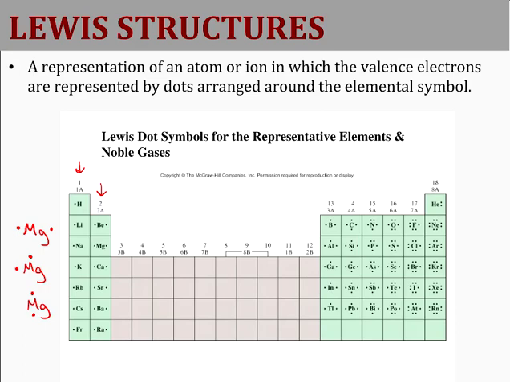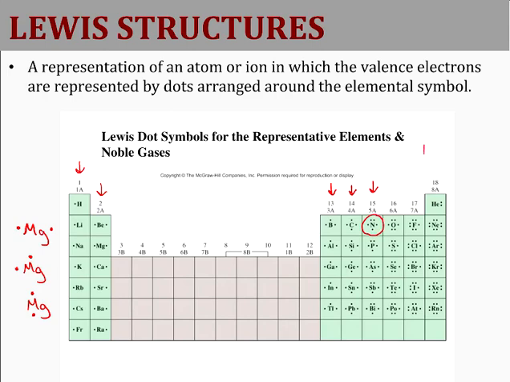And then when we get to group 3A, everything has 3 valence electrons, represented by dots that are not on the same side, they're all on different sides. In group 4A, everything has 4 valence electrons, and again the dots are on separate sides. Then when we get to group 5A, everything has 5 valence electrons, but we've run out of sides, so we're going to pair 2 of the electrons.